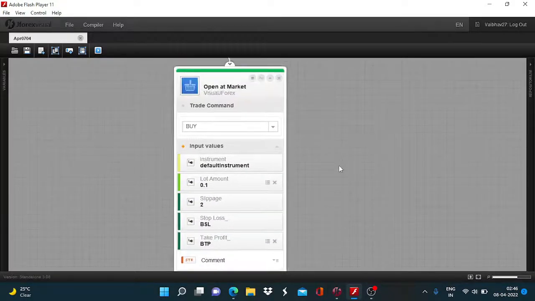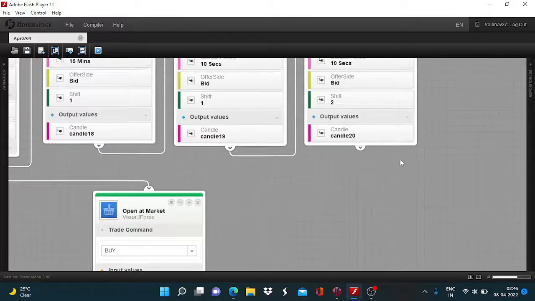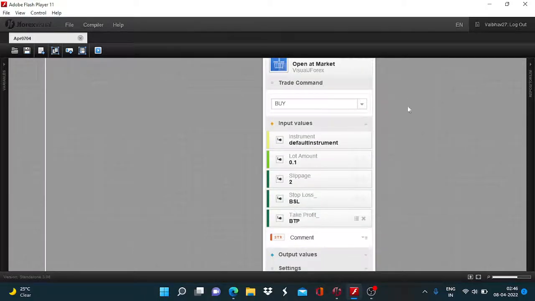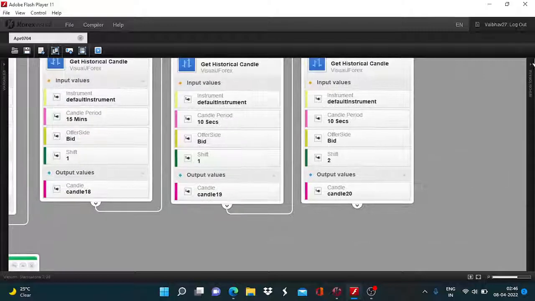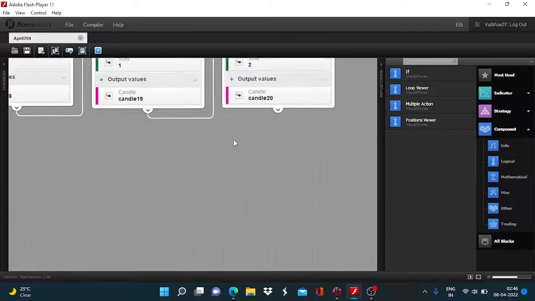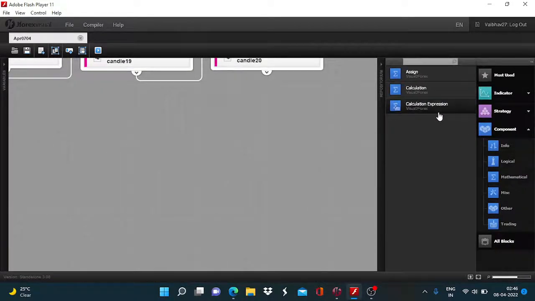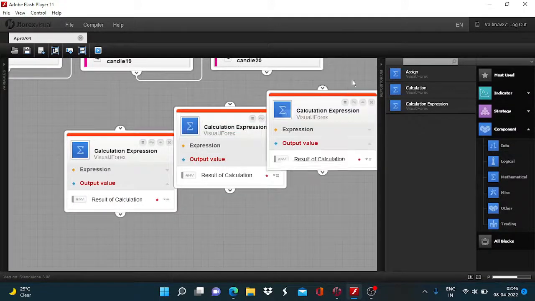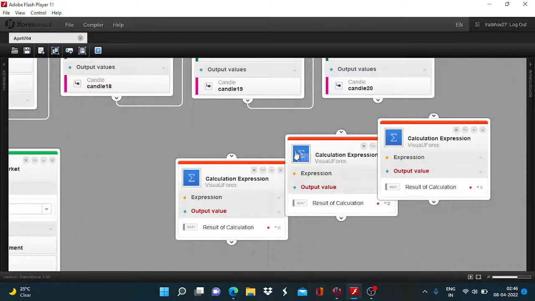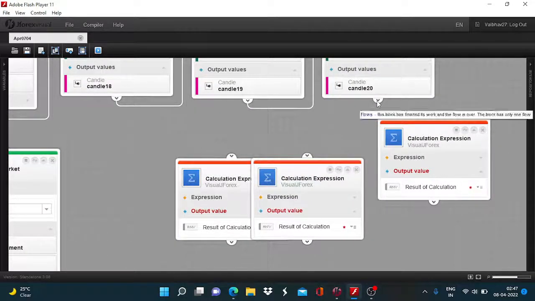All right. Now we have to define the actual difference. Whatever the actual difference is, we will need to calculate it. So for that, we are going to need mathematical components here. I think 3 will suffice. So for the time being, we will add these 3.